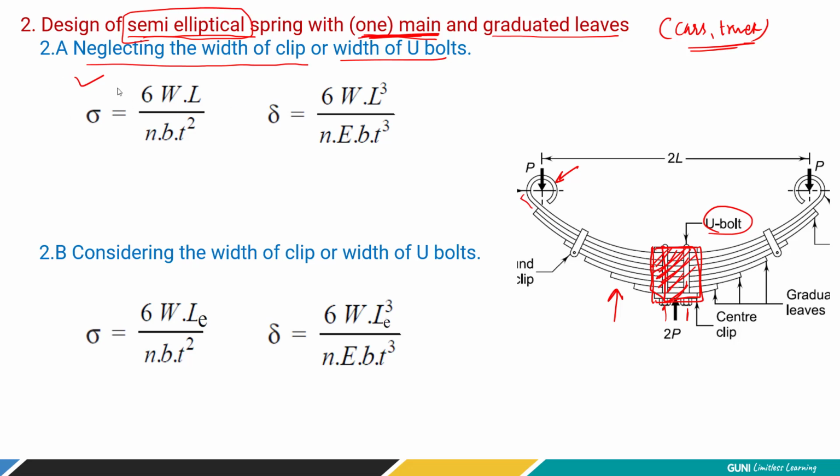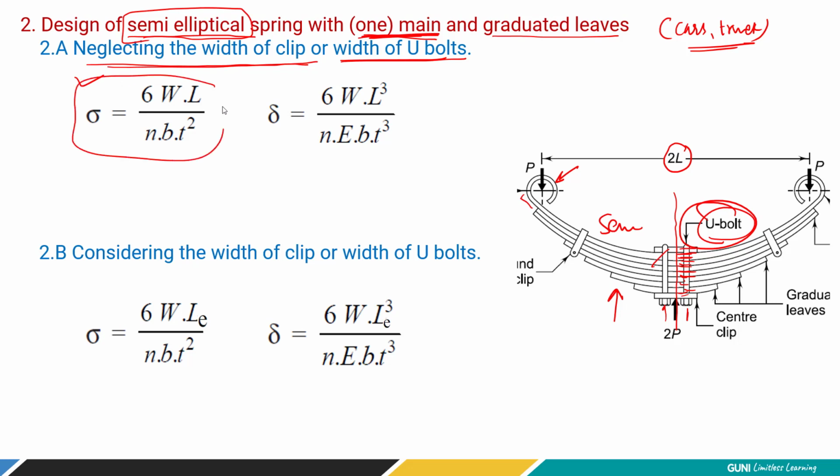The first part is, if you do not use such a U-bolt in a semi-elliptical spring, that means from the center position, this length is going to deflect. But if you use the bolt, then this same length works as a solid part. It is not going to deflect. So we have to subtract it from this effective span, right? So the first part is neglecting the width of the clip and the width of the U-bolt.